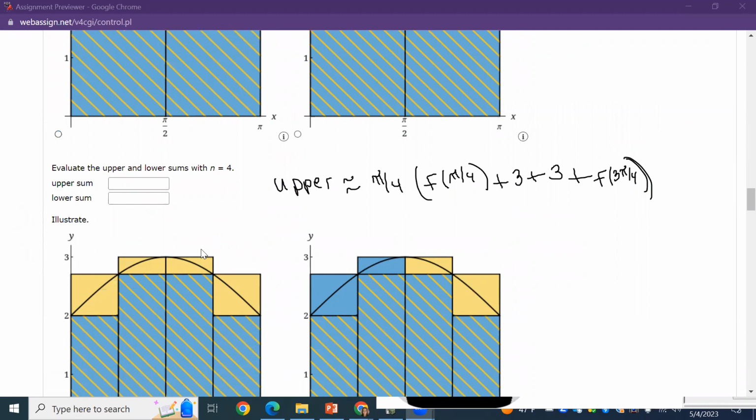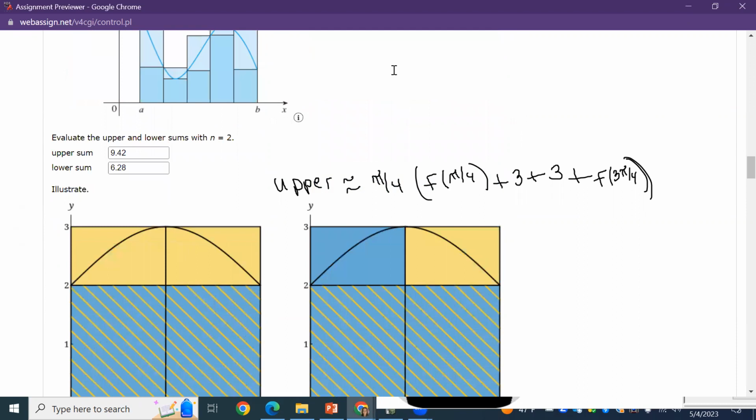Add that to 6, and then multiply that by pi over 4. So I hope that makes sense. Again, I know it's a little awkward because they do not want us to use left or right endpoints. They just totally threw that out the window and want us to use just which one would be the highest, which one would be the lowest. That's it.